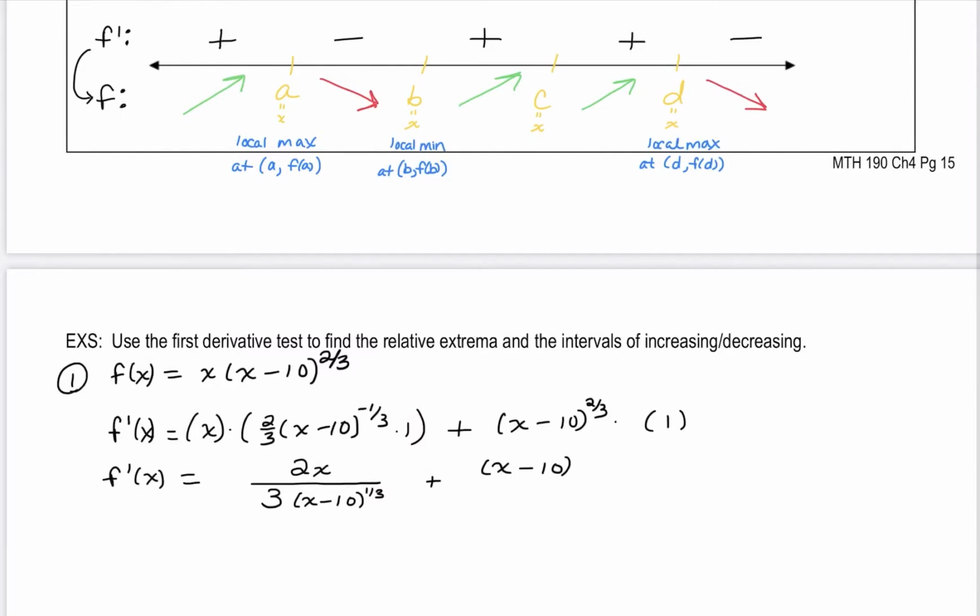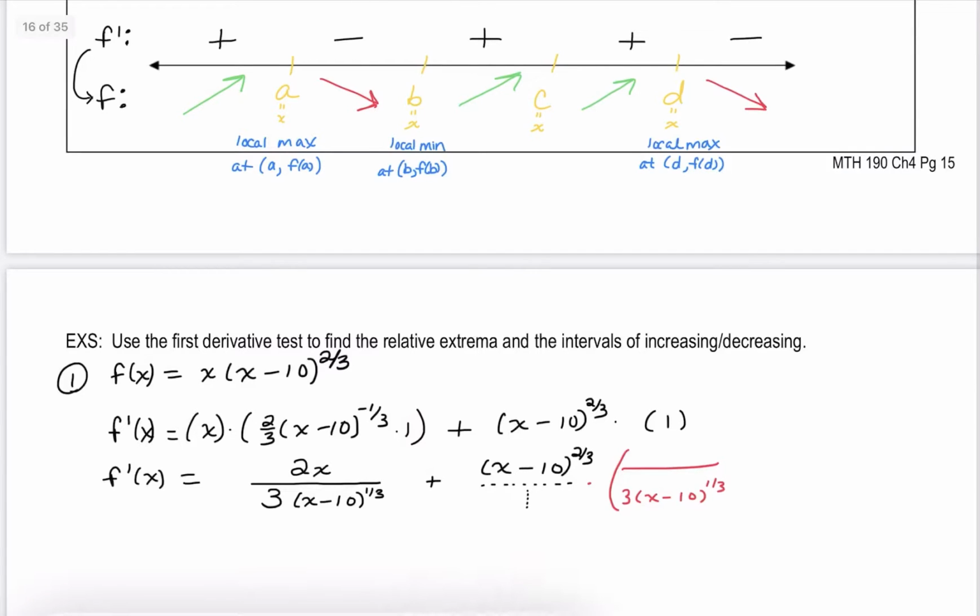The second term was already to a positive exponent, so I would probably just leave that like it is. And then what I would probably do is think about multiplying in order to get a common denominator. So I would think about multiplying this second term by the denominator of the first term, as a version of 1.